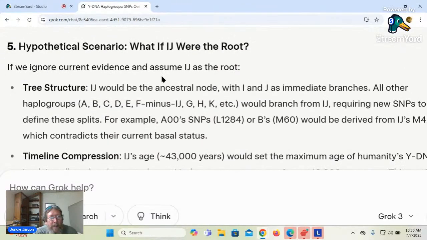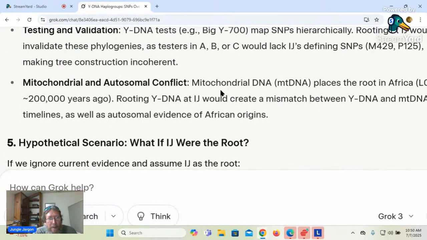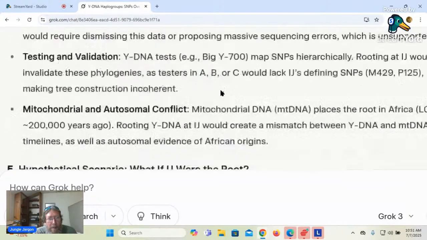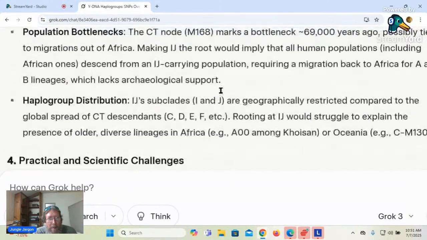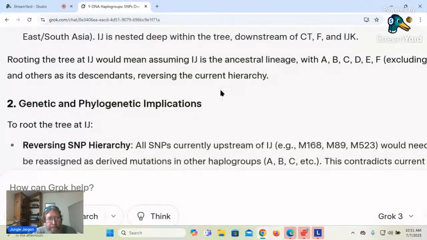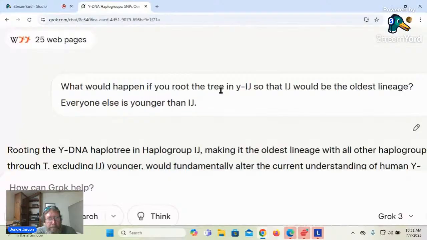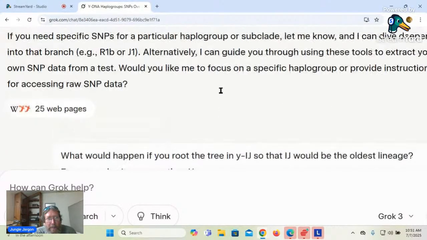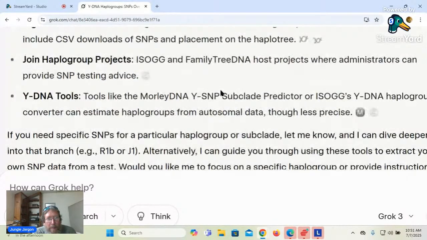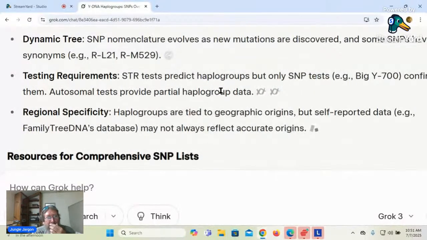Okay. Hypothetical scenario. Yeah, I asked for all the SNP markers.